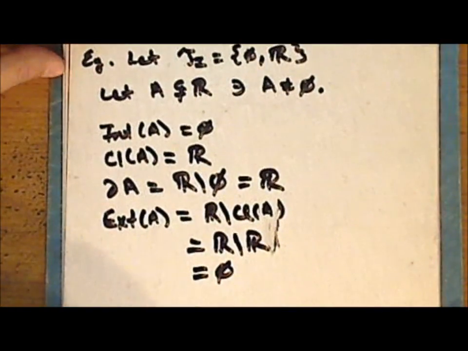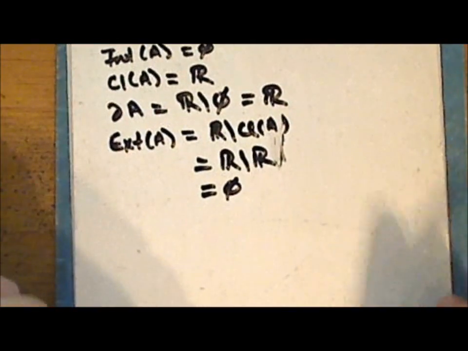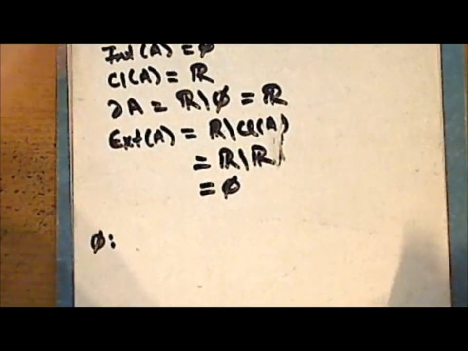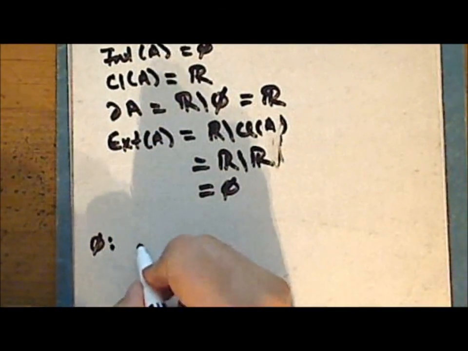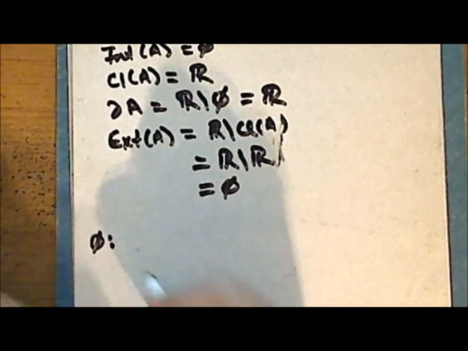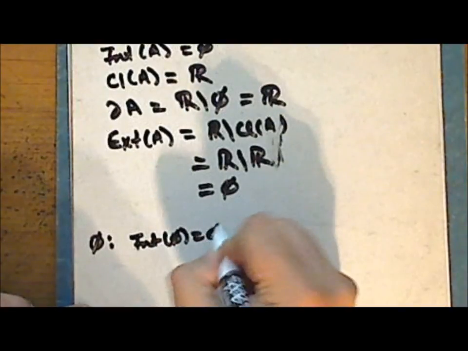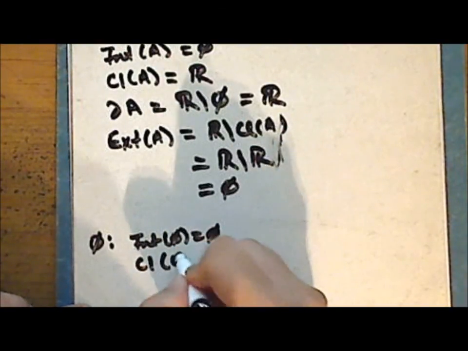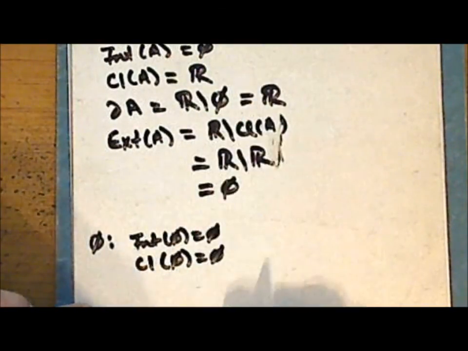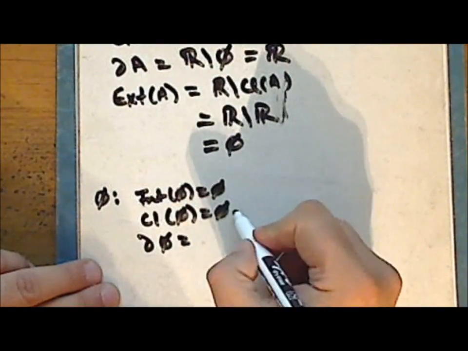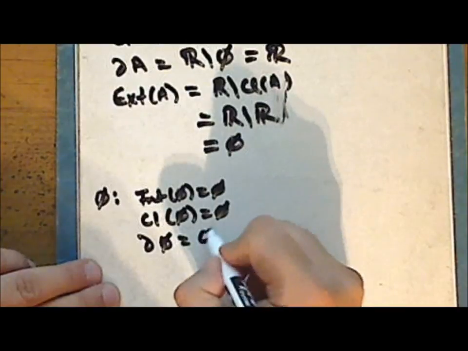And so we can also look at the sets that are in the topology. For the empty set, the empty set is both open and closed, and so it is its own interior and its own closure. The boundary of the empty set is the closure set minus the interior, which is empty.